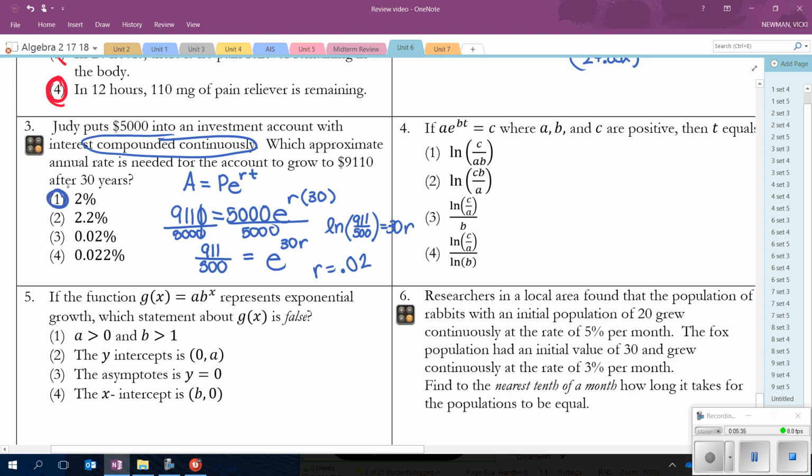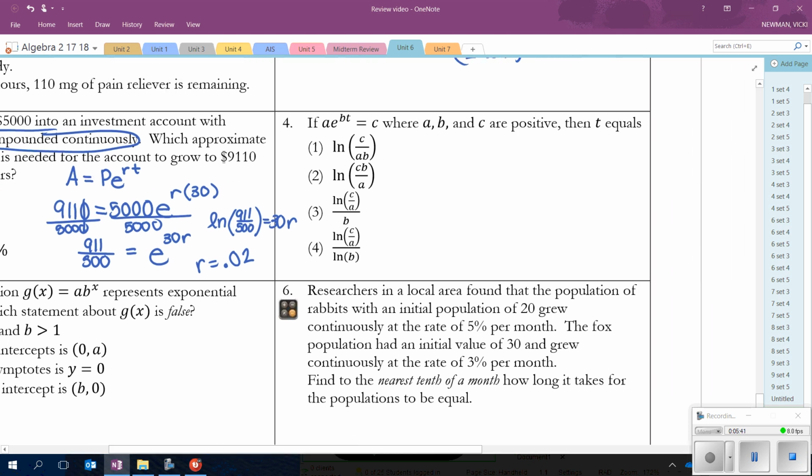Okay. Number 4, that's quite the doozy here. It's not difficult, don't let it scare you. If Ae^(bt) is equal to C, then solve for t. Well, this isn't actually as bad as you think it is. We know in all of these exponential equations, in order to solve for the exponent, we divide by the constant, right?